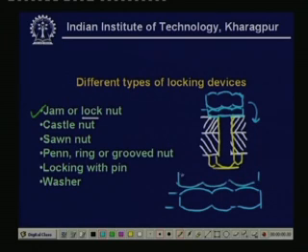So, the thickness of these two nuts are almost equal. So, if this is T, then this is also T. So, these are used sometimes and they are known as lock nut or jam nut.